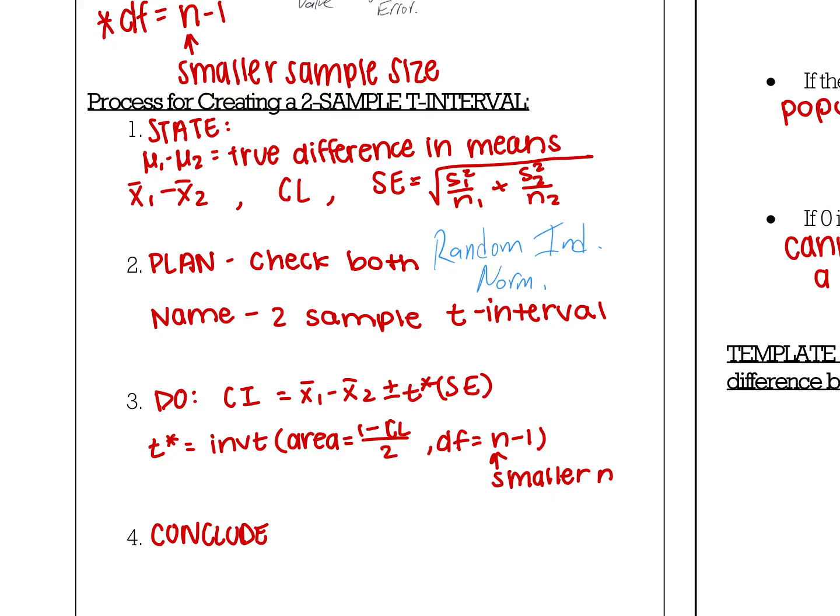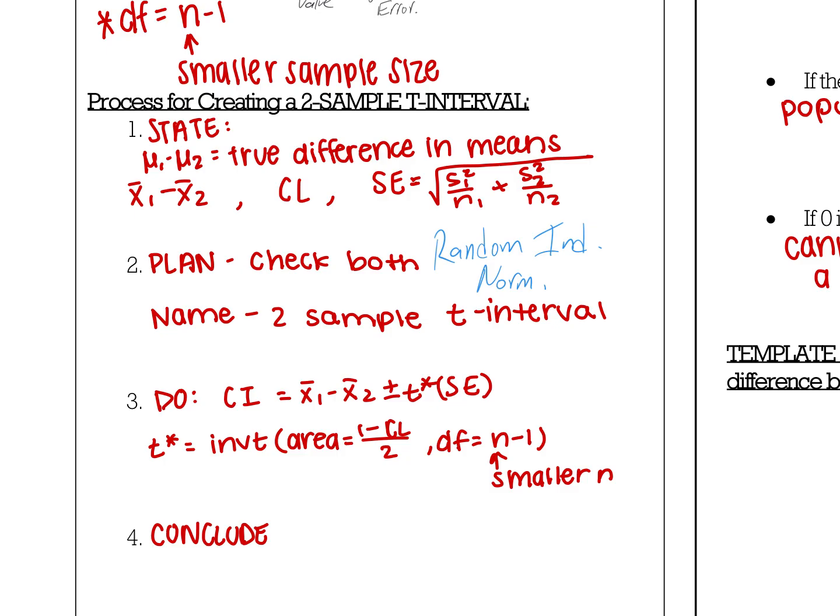You can see in the do, I have CI equals x bar 1 minus x bar 2 plus minus critical value times standard error. And we use the t star formula as the inverse t function, the area, and we will use our degrees of freedom. Now, notice we do divide that confidence level by 2 because in this case, we are looking for a difference between the two means.